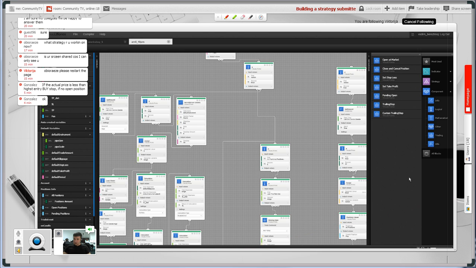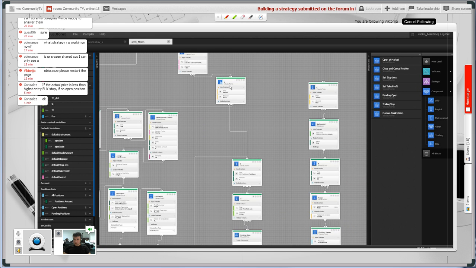Okay, got it. We'll place it right after this block, so it checks if our strategy is off, and if it's really off, after initiating strategy, we'll go to stop strategy.